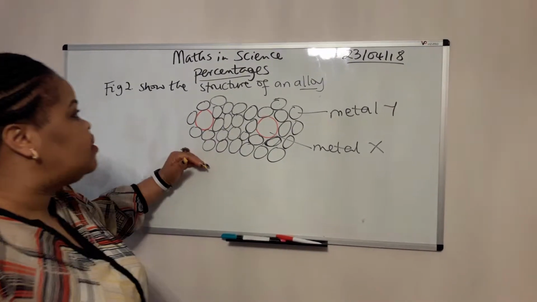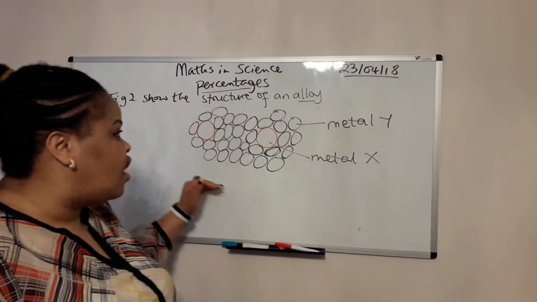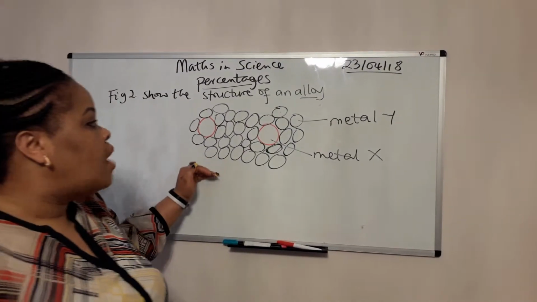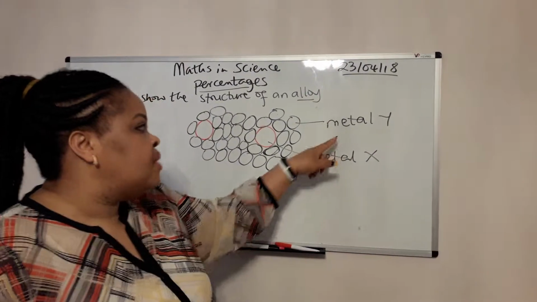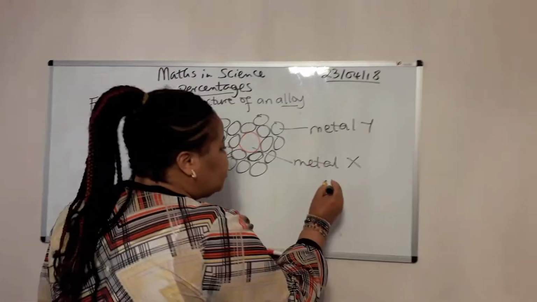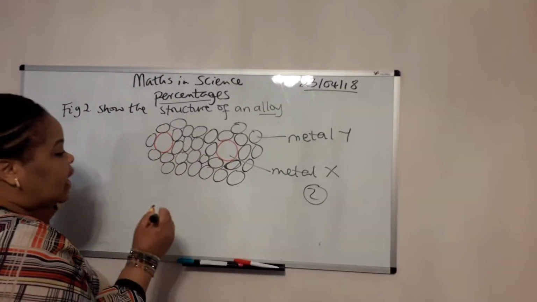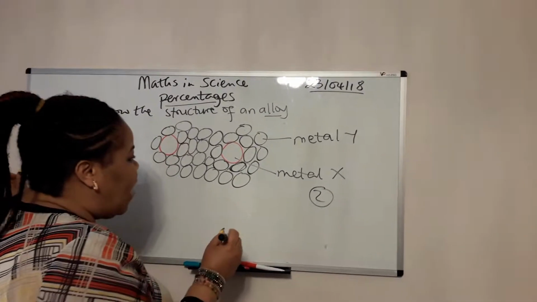But this particular question that I'm focusing on is how to work out the percentage. On the other section of the question, it says, what percentage of metal X is in metal Y? Metal X, they have only two atoms there, these two red ones, and then you have to carefully count how many of the Y that you have.